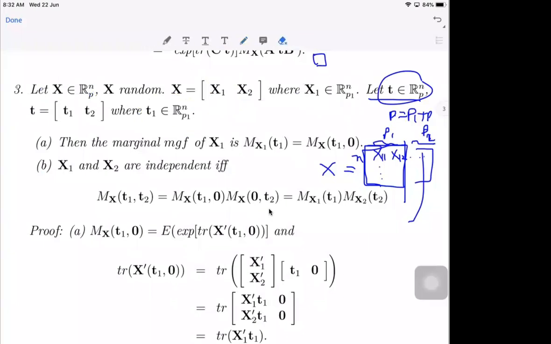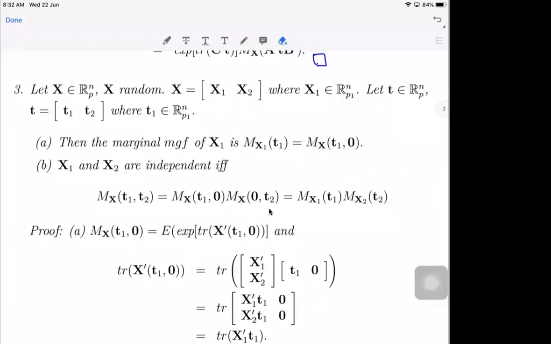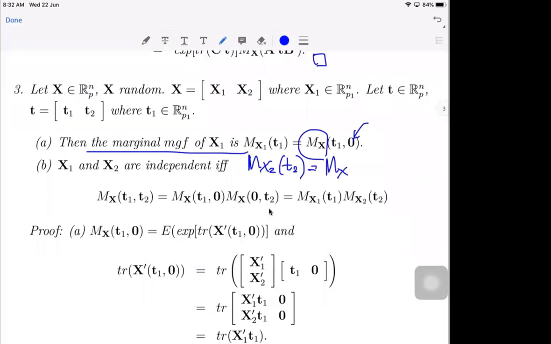So what is the result telling us? That the marginal moment generating function of x1 is just equal to the moment generating function of x, wherein T2 is 0. Of course, similarly, the marginal distribution of x2 will be that of x, where T1 is 0.